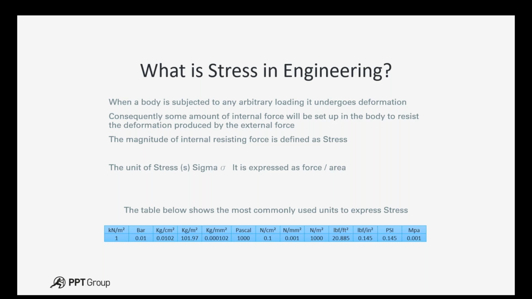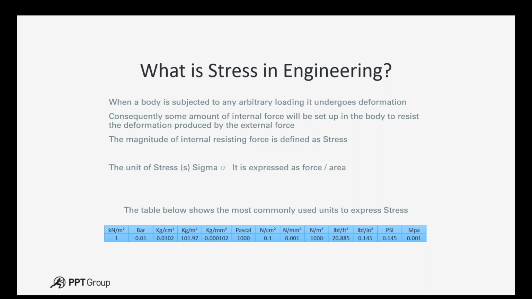The little table below shows you the most commonly used units of stress. The most commonly used one in materials testing is the MPa, the megapascal. But as you can see, there are lots of different units there, which are all based around the force, kilograms, pounds, divided by cross-sectional area, centimeters, millimeters squared.